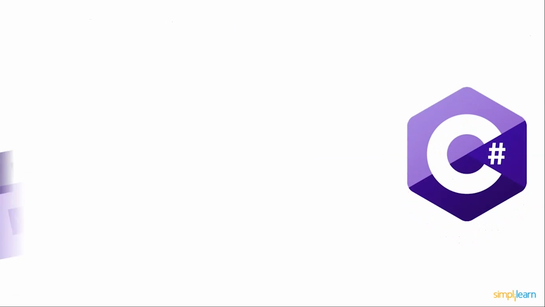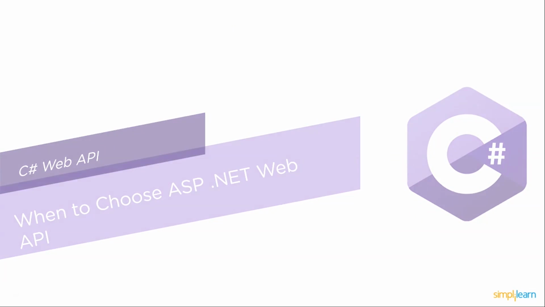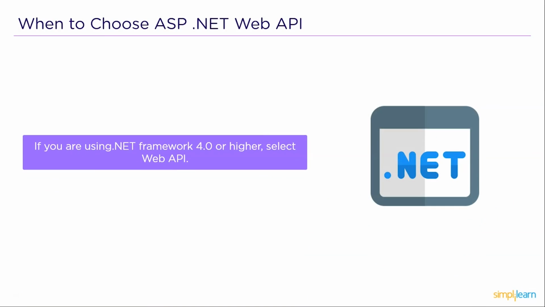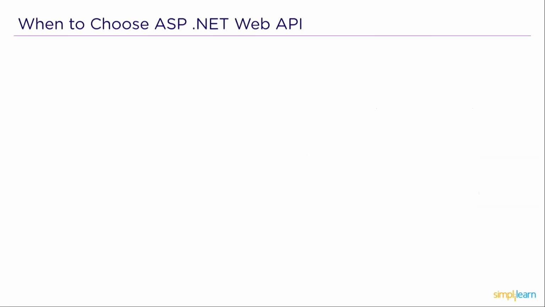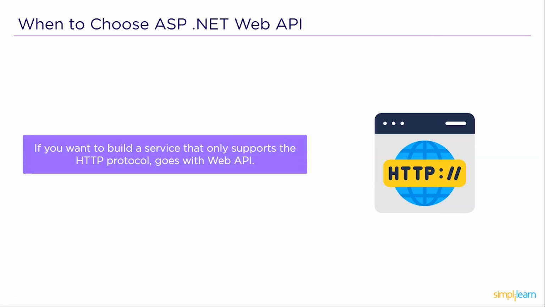Following that, we will look at when to use ASP.NET Web API. The first reason to use Web API is if you are using .NET Framework 4.0 or higher. The second reason is if you only want to build a service that supports the HTTP protocol.